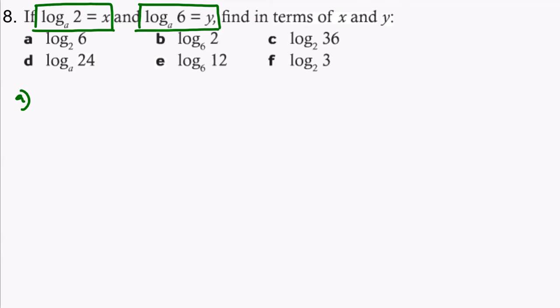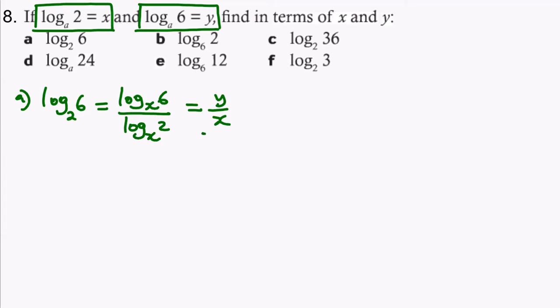I'll change the base of log base 2 of 6 so that I end up with base a. So log to base 2 of 6 will be log to base a of 6 over log to base a of 2, which will be equal to y over x. And that's it.